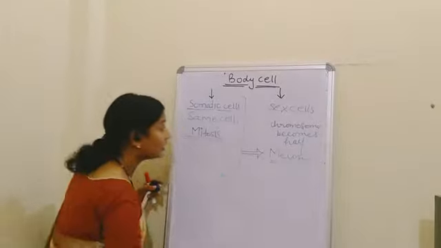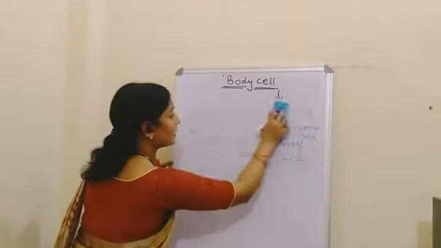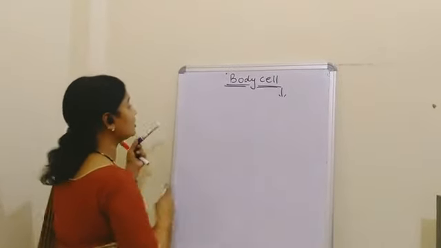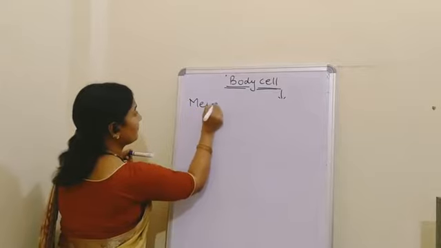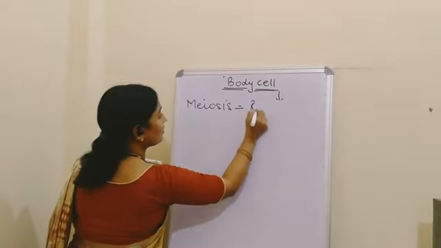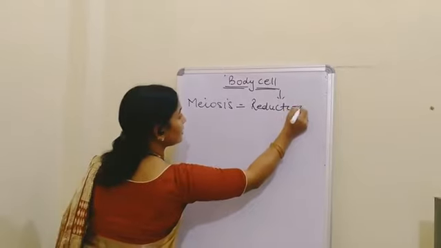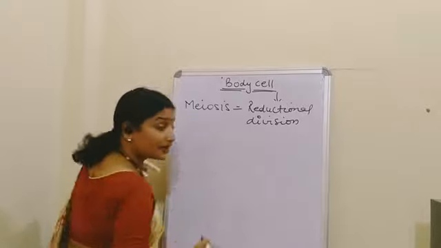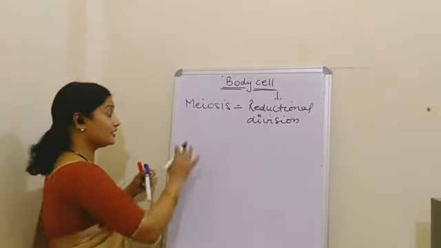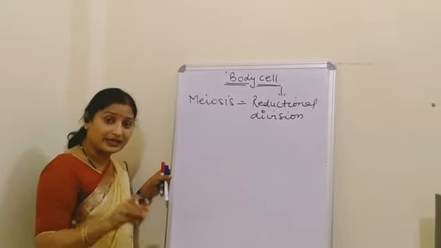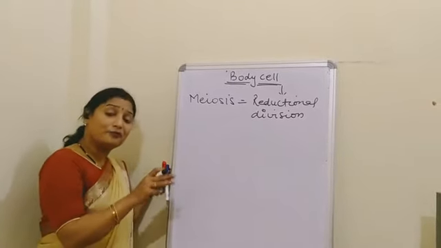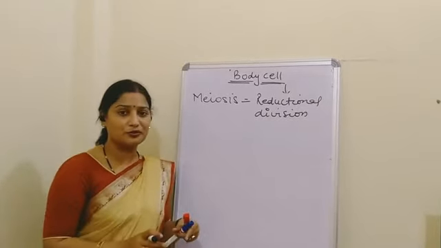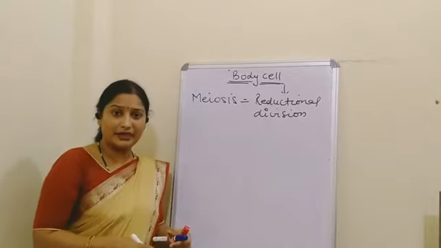Now see, what is this meiosis? Meiosis is also known as reductional division. Let me write meiosis. It is also called reductional division. Now, why is it called reductional division? Because the daughter cells which are formed from the parent all have half the number of chromosomes as their parent.